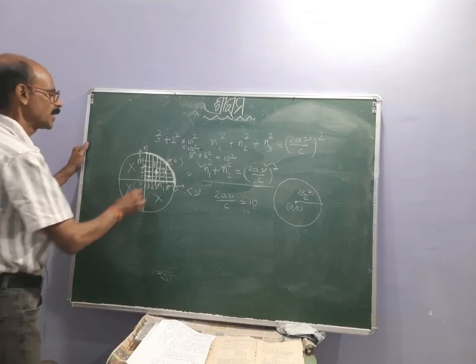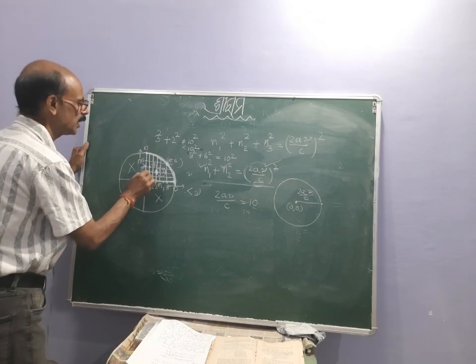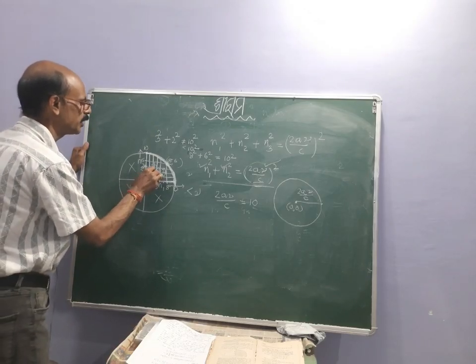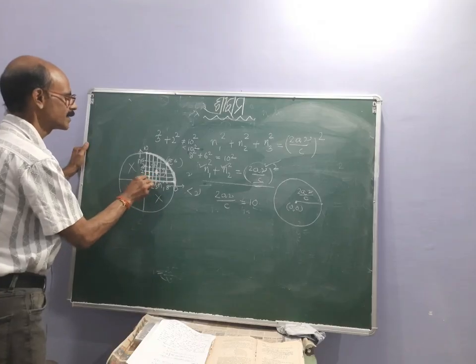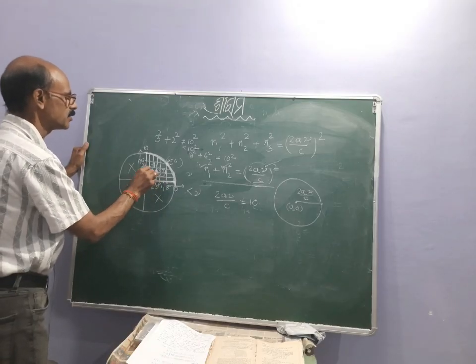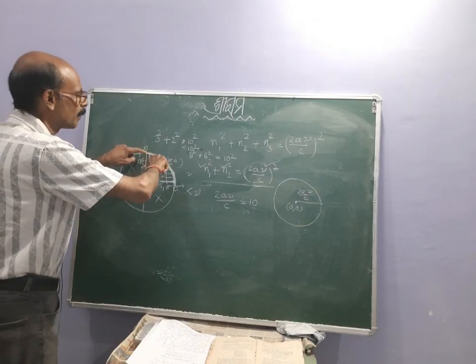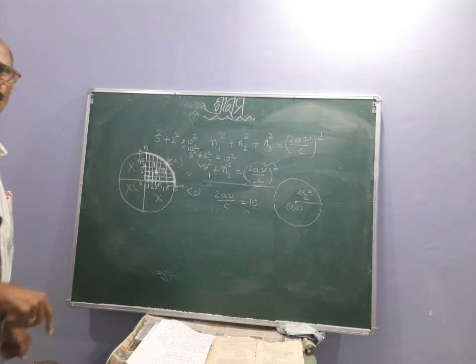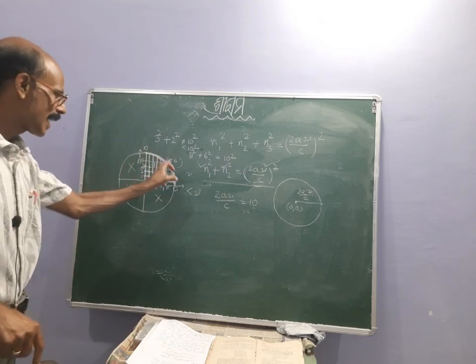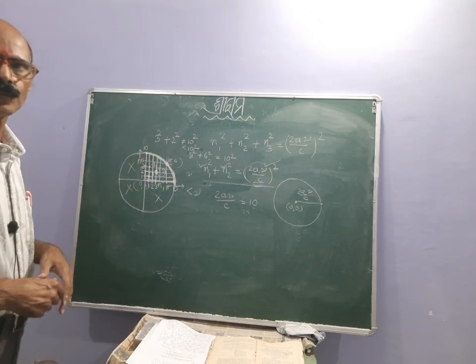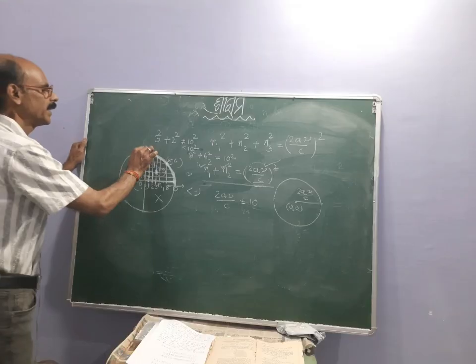This is one thing. And second thing, see, each square is a unit square. Its area is unity. So the number of squares inside this quadrant is equal to the area of this quadrant.